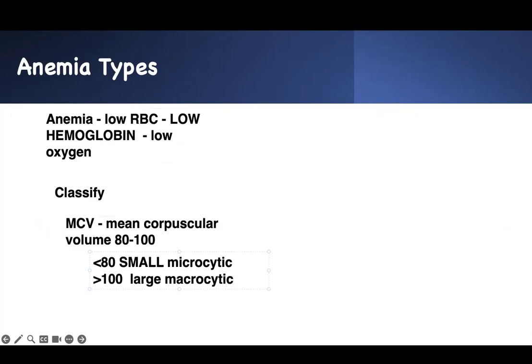Macrocytic anemia. If you are within the same range, 80 to 100, that means you are normal. Therefore, you are normocytic. That's all. And now let's take care of each of them and figure out what we are going to talk about. So this is the first concept we have to know.